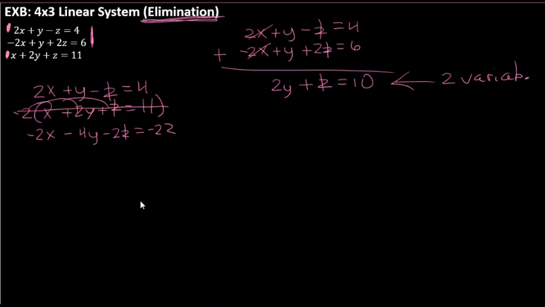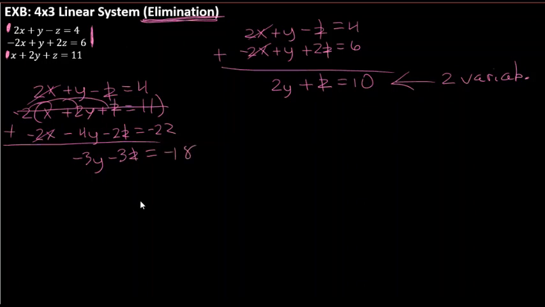So I'm going to pretend like that's gone. And then when I combine them, 2x minus 2x gives me an elimination. Plus y minus 4y gives me -3y. Negative z minus 2z gives me -3z, is equal to -18.